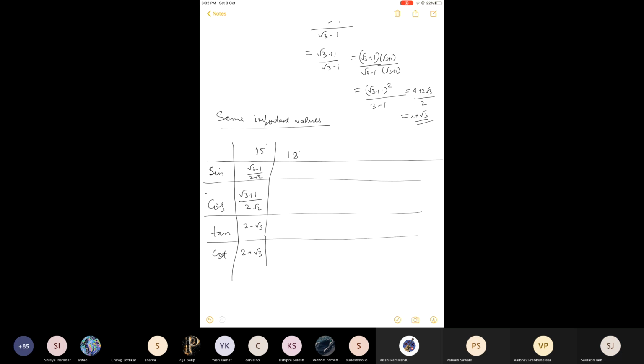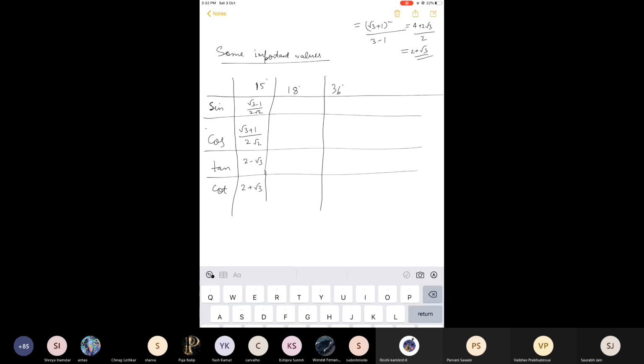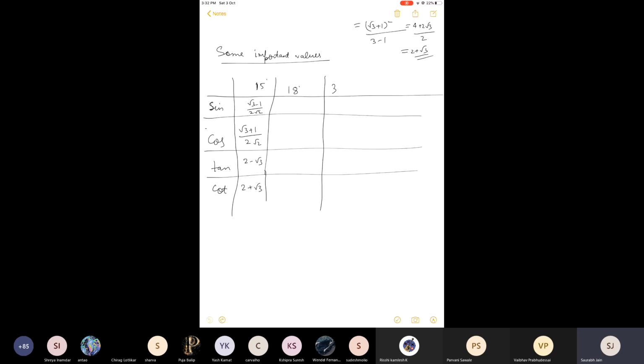Then 18, 36. Oh, wait a minute. 22 and half. We have derived one value that will be used.